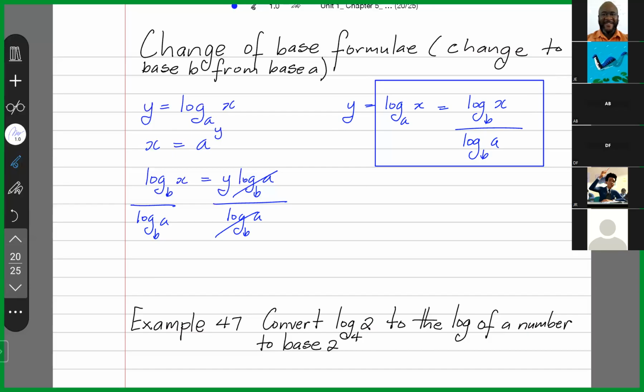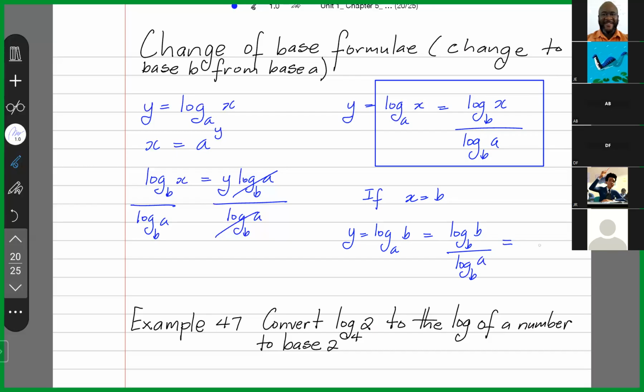Now, if x is equal to b, we're going to get what? Y, which is log to the base a of b, is equal to log, changing log to the base b of b over log to the base b of a.